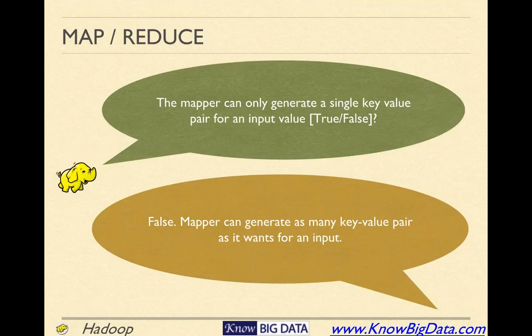Mapper can generate 100 keys for a single input. All right, everybody, okay with this?